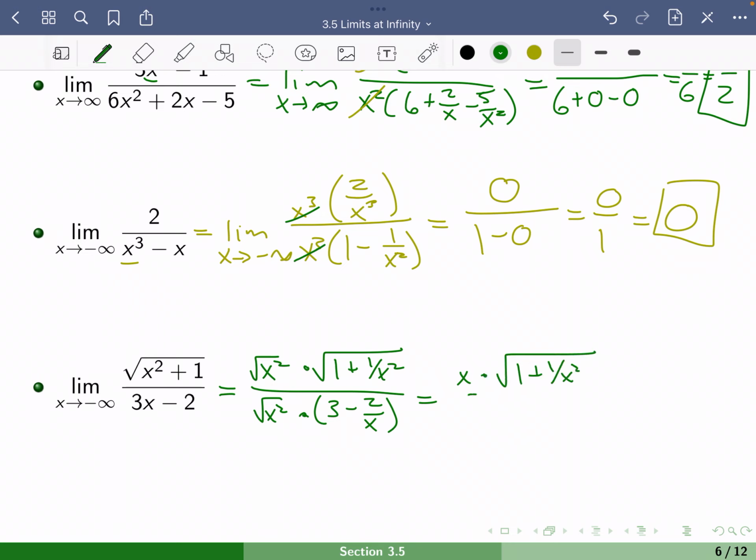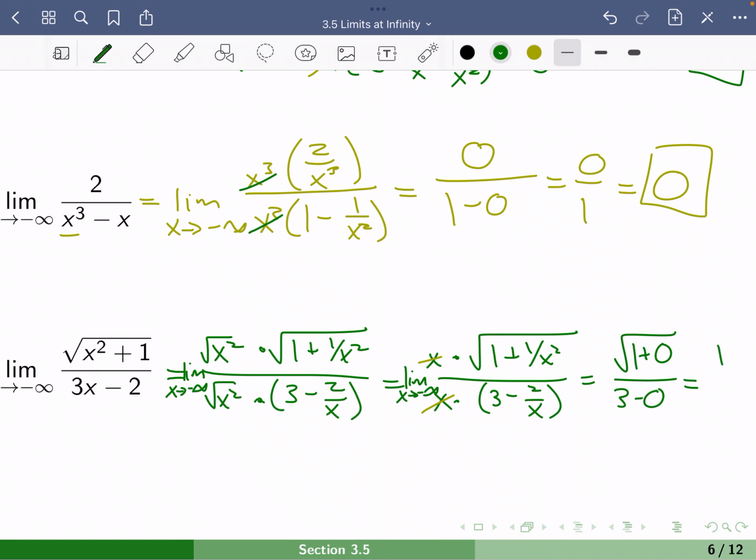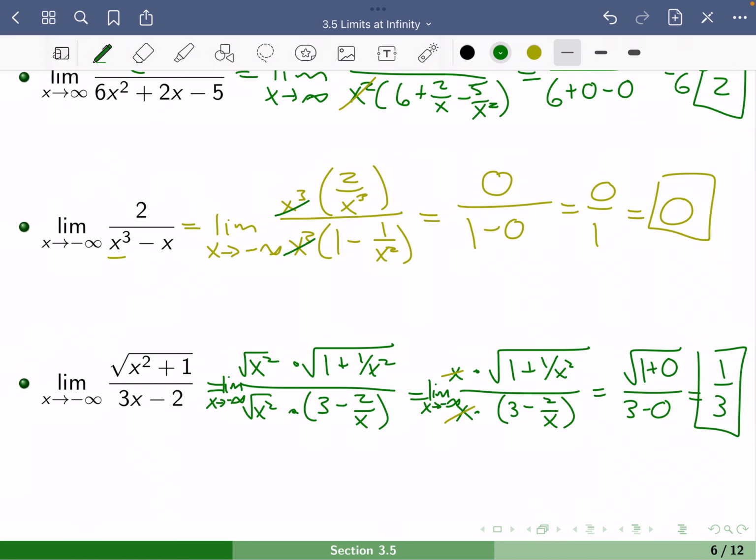I lost my limit notation; we should still have a limit until we evaluate it. The values of x cancel, and if we do that substitution, we get the square root of 1 plus 0 over 3 minus 0, which gives us 1/3. And so we get 1/3 as our value there.